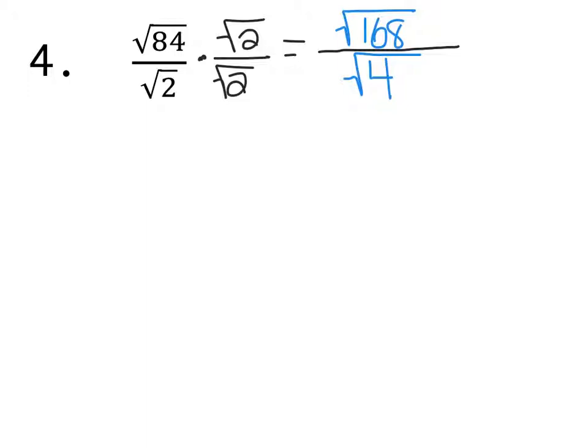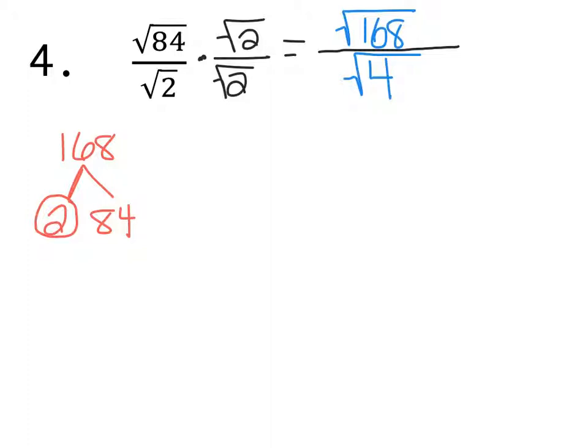Now we have to simplify. So does the square root of 168 simplify? Let's see. So we'll draw our factor tree. What are some factors of 168? We have 2 and 84, and you could have chosen any of them. I'm just choosing 2 times 84. You'll still get the same answer either way.